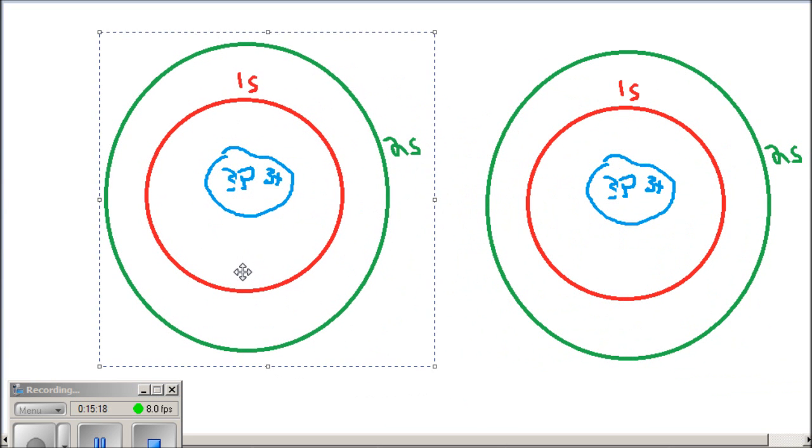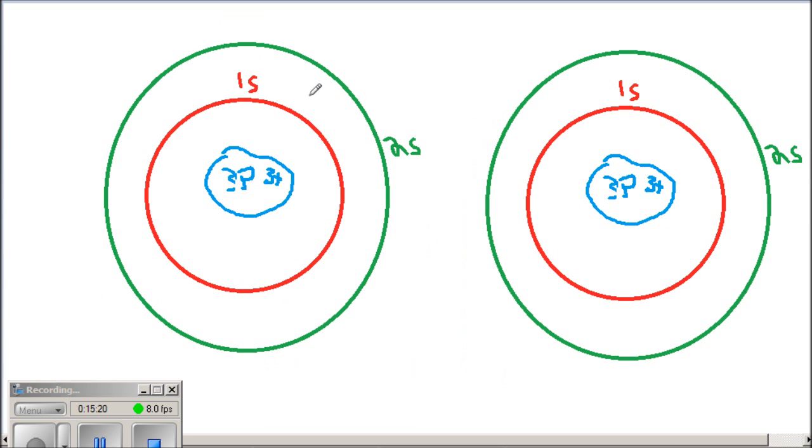So we were concerned with something like the following. We were concerned about which one of these is going to have more attraction between the outermost electrons, the ones that inevitably define its chemistry, how big it is.